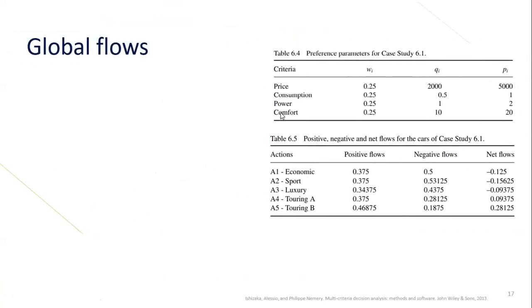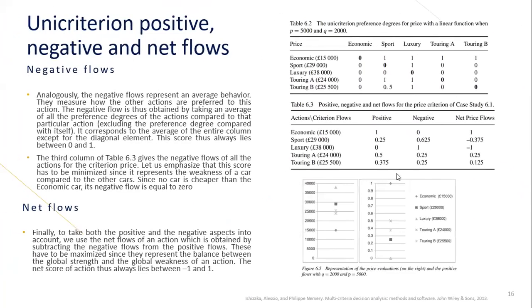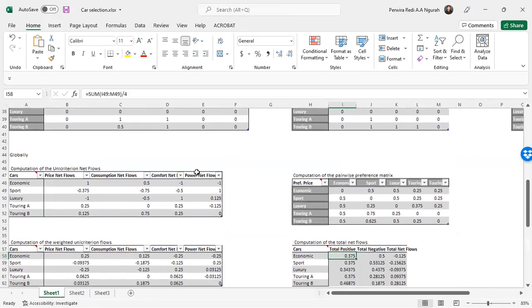And then now you compare all of this: price, comfort, and the other preference criteria. Let me open the Excel here. Okay, you have this one.